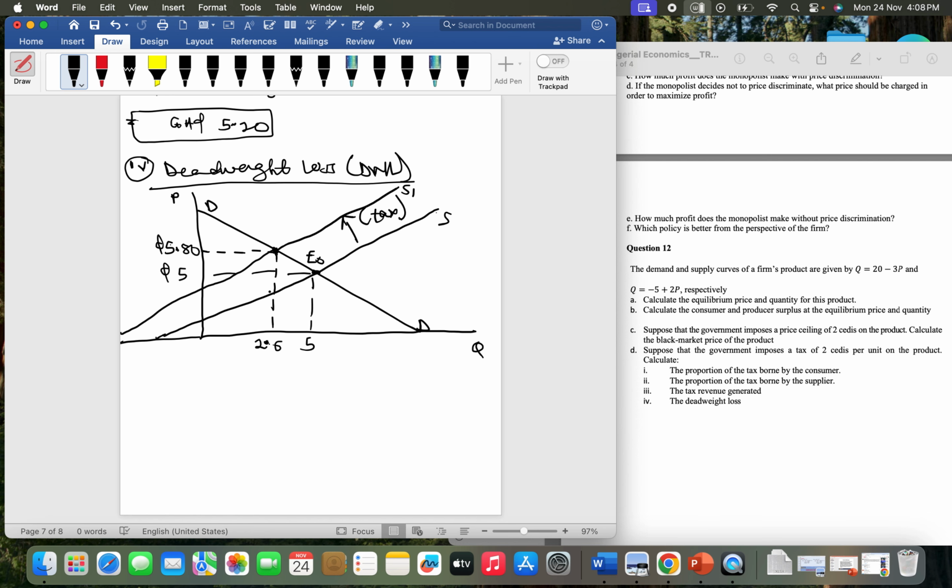So the deadweight loss we are talking about is this particular side where I'm shading. The triangle formed here is what we call the deadweight loss.